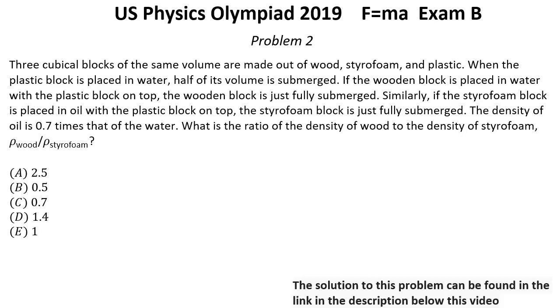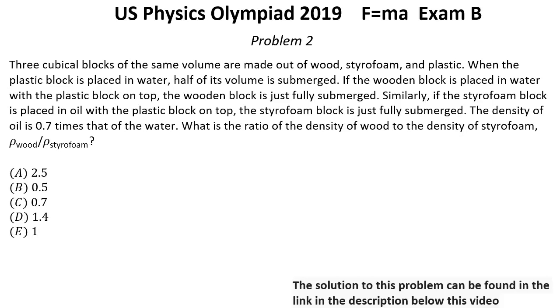Similarly, if the styrofoam block is placed in oil with the plastic block on top, the styrofoam block is just fully submerged. The density of oil is 0.7 times that of water. What is the ratio of the density of wood to the density of styrofoam?